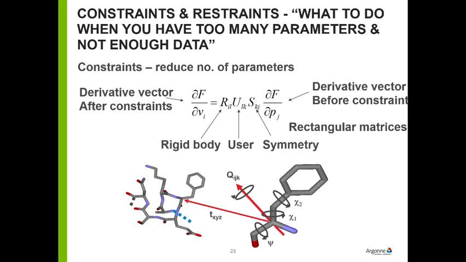Constraints reduce the number of parameters by saying that this parameter and that parameter are related by some function. And it's exact. It reduces the number of parameters by eliminating them. Examples of this are things like you have two atoms on the same site and the site occupancy factors have to add to 1, which by the way is an assumption.